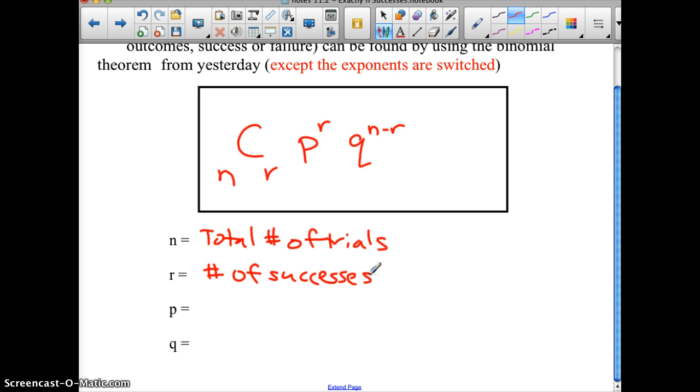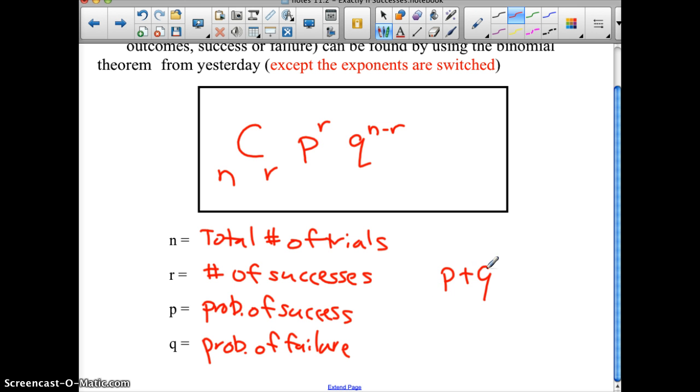Now, p is going to represent the probability of success, and q is the probability of failure. Since there are only 2 options, either I'm going to succeed or fail, p plus q added together must always add up to 1. That's going to be important because sometimes I'll only know the probability of success. Well, if I know the probability of success, I can subtract it from 1 and find the probability of failure.